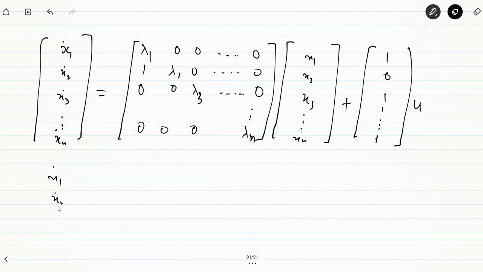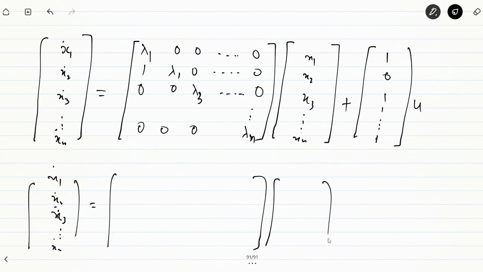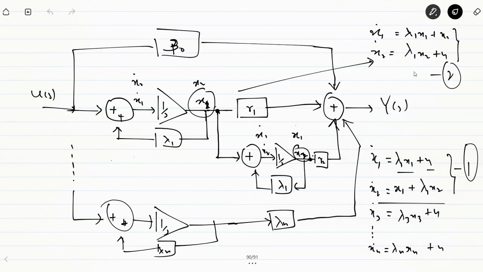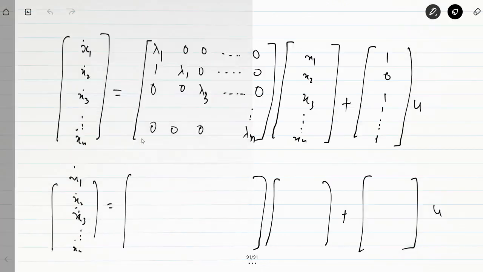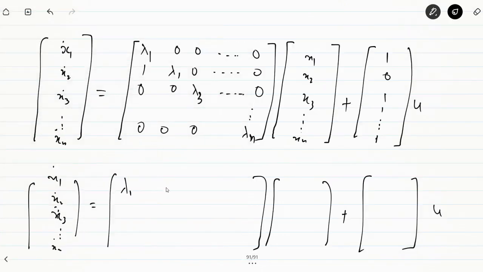In the second case, if I swap x1 dot and x2 dot, in the second case x1 dot is lambda 1 x1 plus x2, that means this will be lambda 1, this will be 1, the remaining terms will be zero.